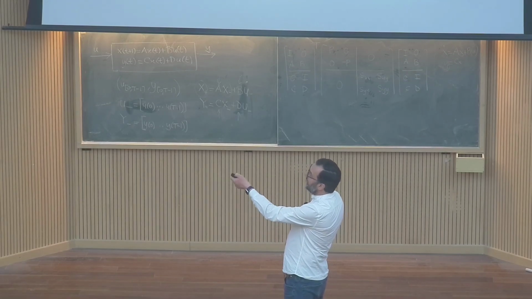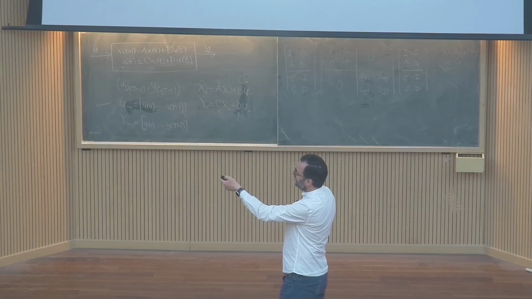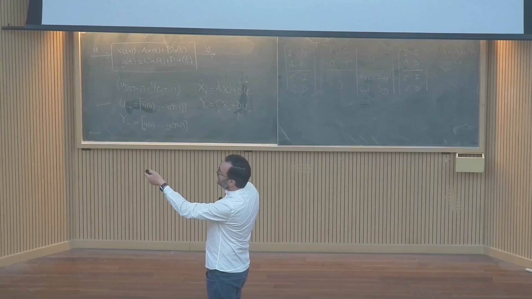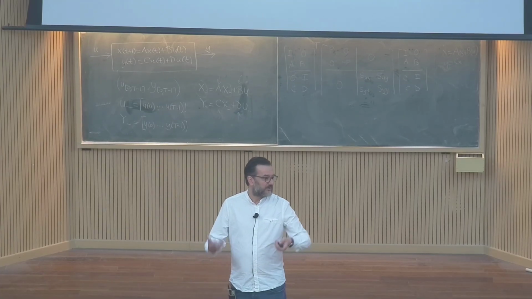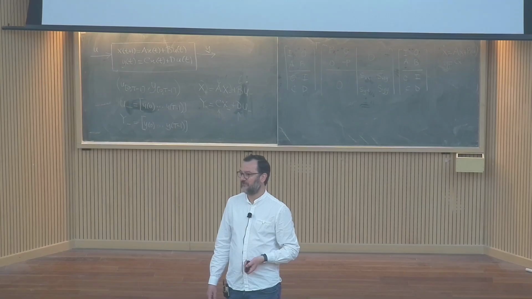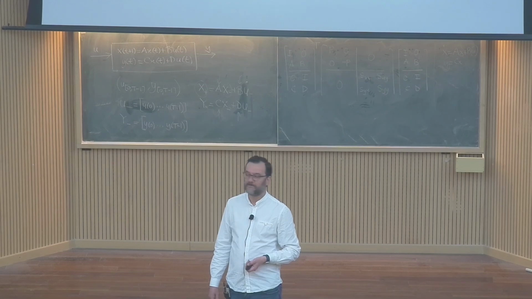And I start with a particular one because, as you see, this is the highest delay term here, and the corresponding coefficient I take as identity for presentation purposes, to make it a little bit less unreadable.